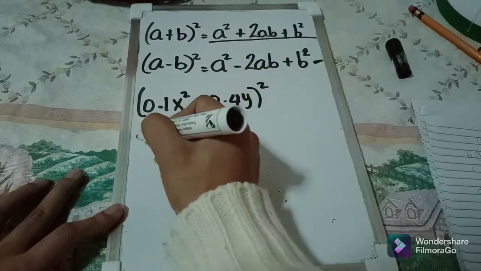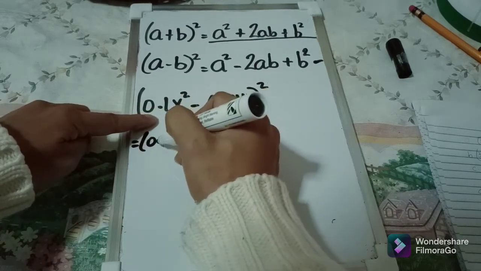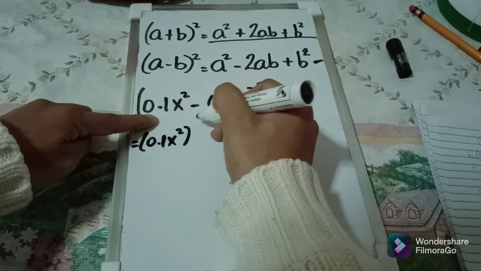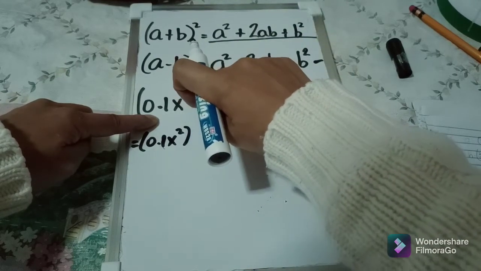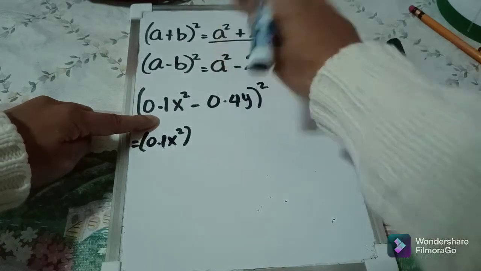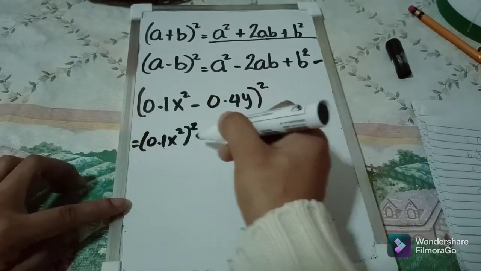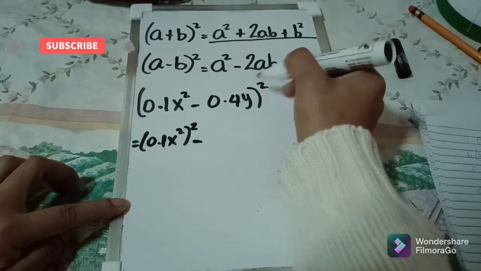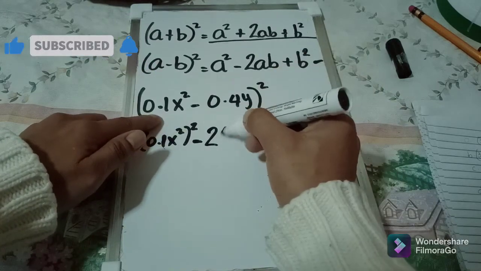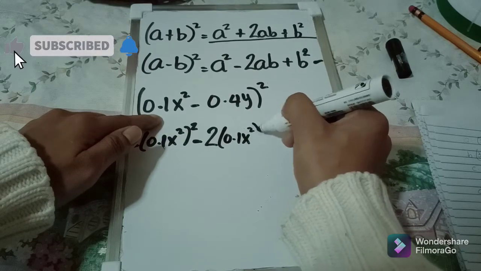So, a square, that means ito yung a natin, okay? Tapos, ito is power niya sa loob to, okay? So, don't forget yung original na power, yung square. Minus 2ab, 2, ano yung a natin? Ito, okay? So, that's 0.1 x squared.